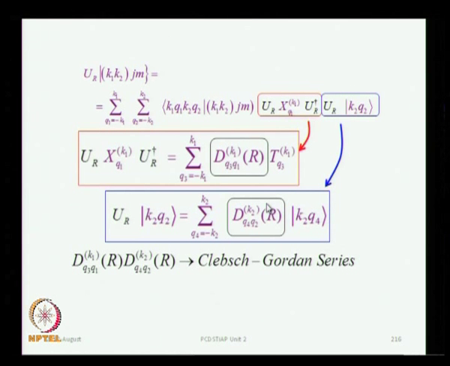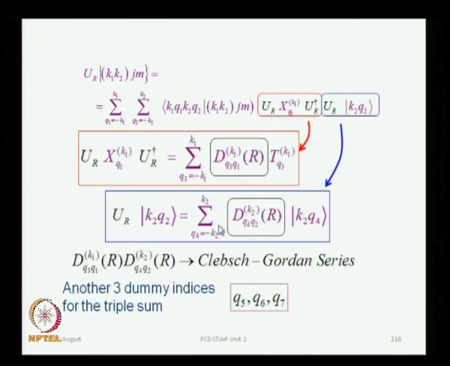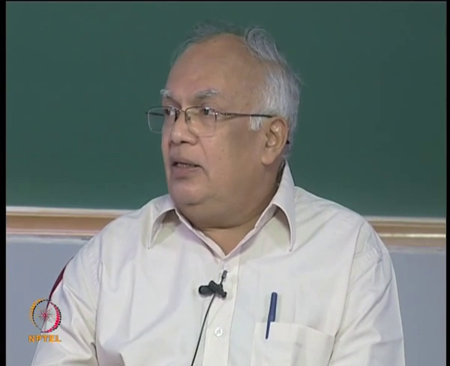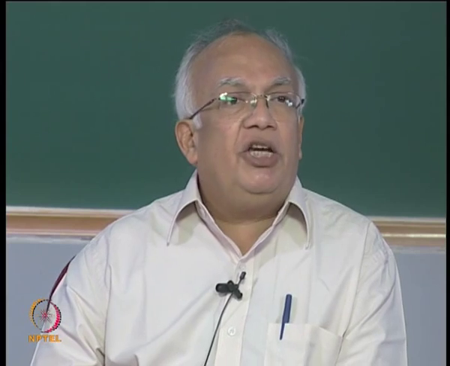And if you remember the result of the Clebsch-Gordon series, it expresses this product in a triple sum, and now there will be 3 more summation indices q5, q6 and q7. So there will be a total of 7 dummy indices over which summations are carried out.